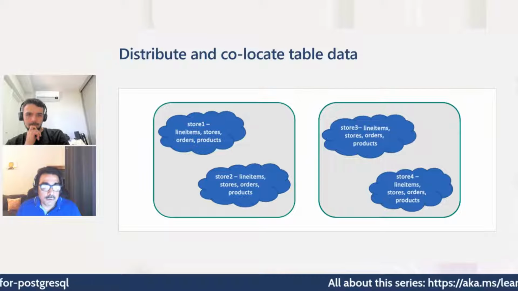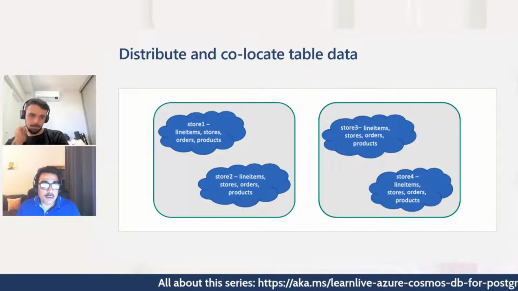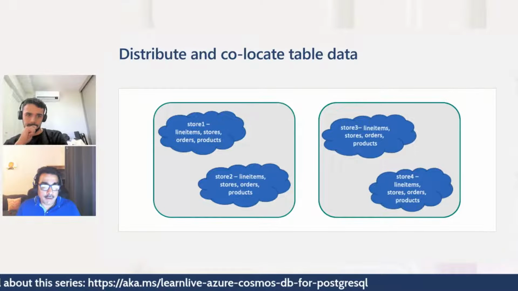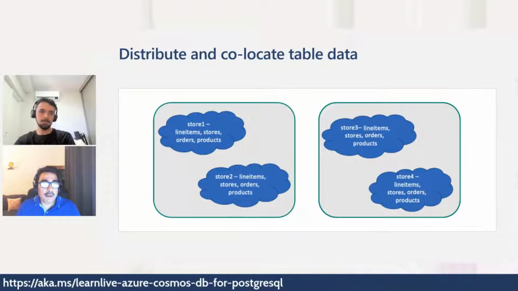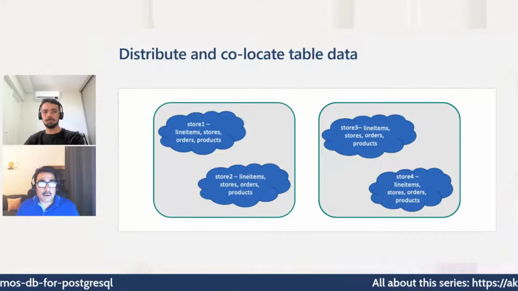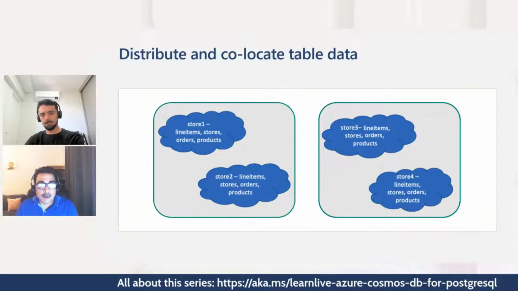For example, we have used store ID as a distribution column, right? So any store ID 1, along with that in the store table, as well as in the line items table, orders table, and product table, as well as the other store ID, which is store ID 2, all grouped together.